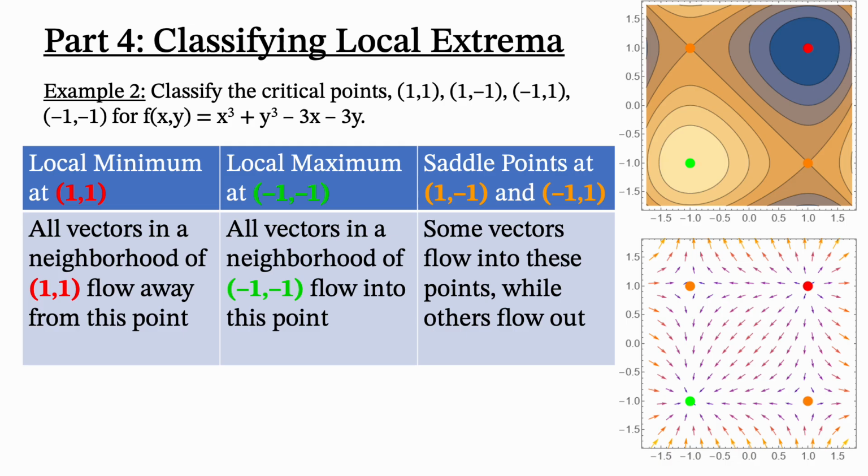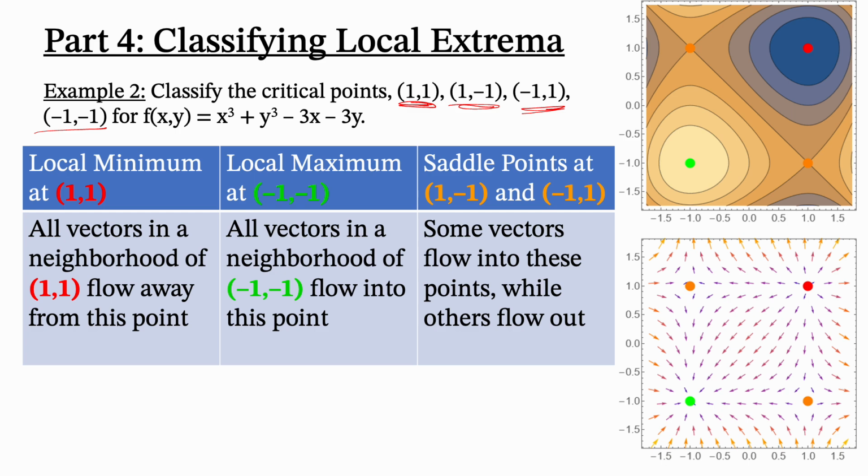On this slide, I'm continuing with the same exact example. I've got my candidates at x equals 1, y equals 1; 1, negative 1; negative 1, 1; negative 1, negative 1. One way of classifying would be to use those 2D plots that we learned about in the previous lecture.